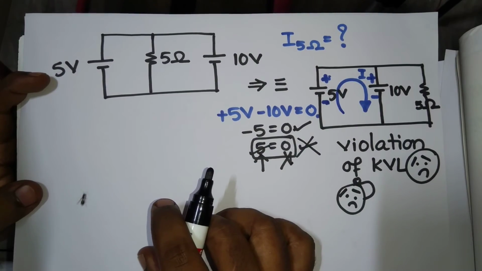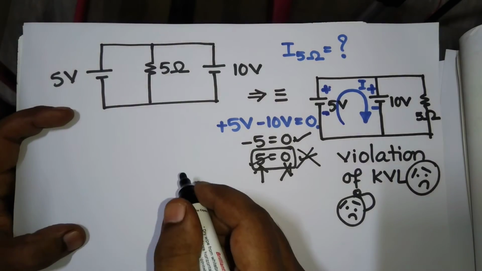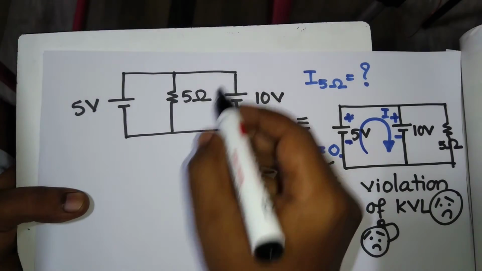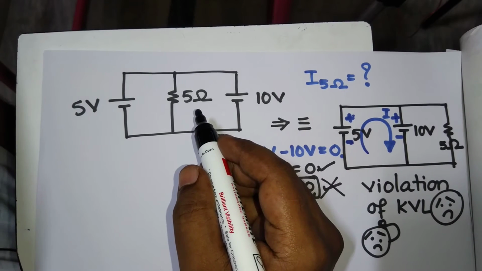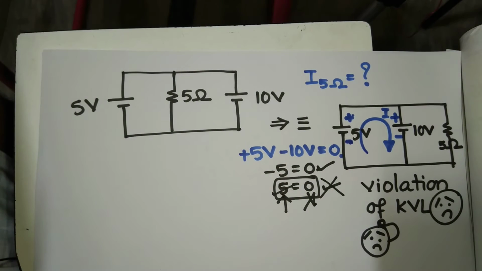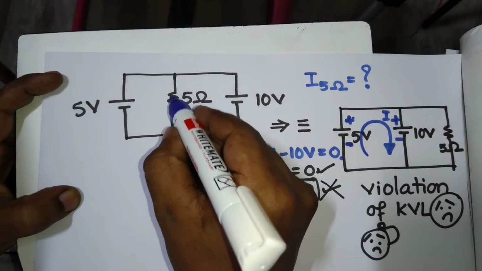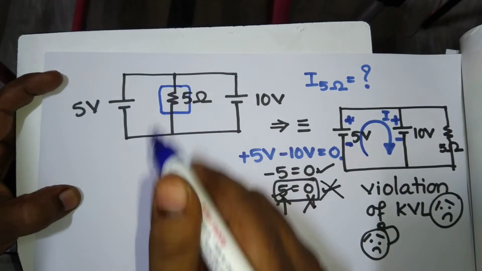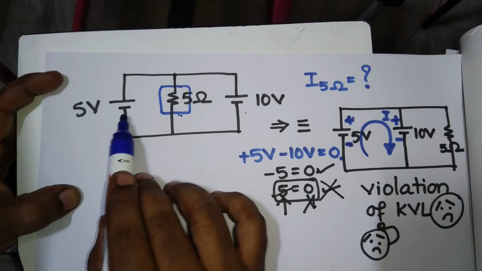So what do you conclude from this? The conclusion is very straightforward. See, from every circuit, you must be able to conclude something. In this case, the conclusion is, this is my passive component. So across a passive component, no two different voltages can act.